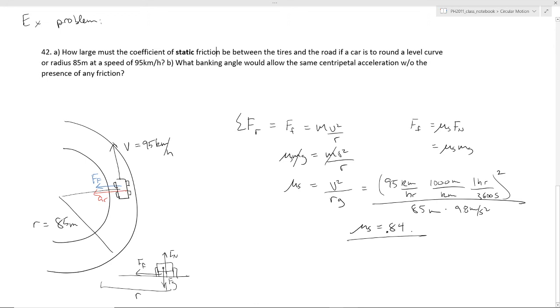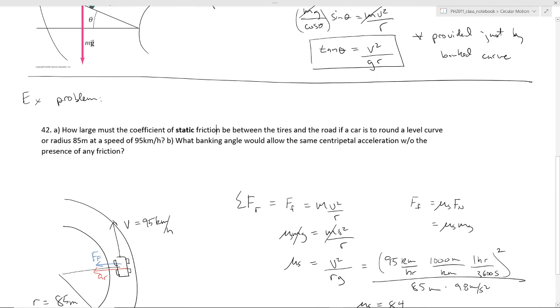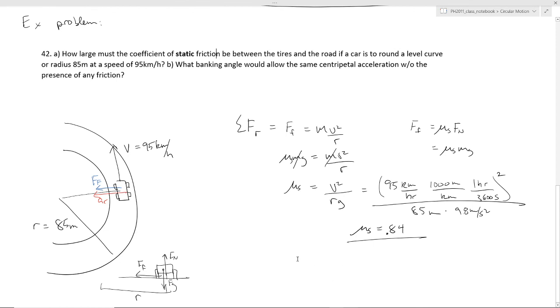And then the second part of the question, what banking angle would allow the same centripetal acceleration without the presence of any friction? So recall here, the relationship that we were using was that the tangent of the banking angle is equal to v squared over gr. Notice this quantity v squared over gr is the same thing as the coefficient of static friction.